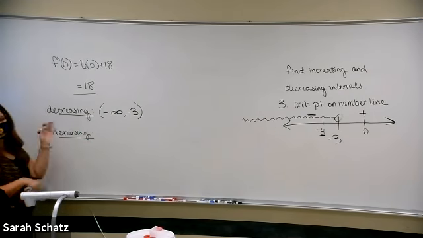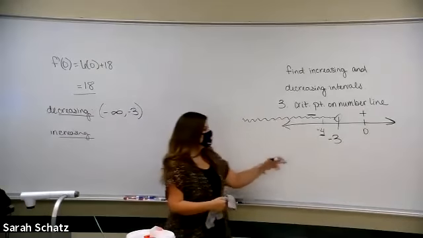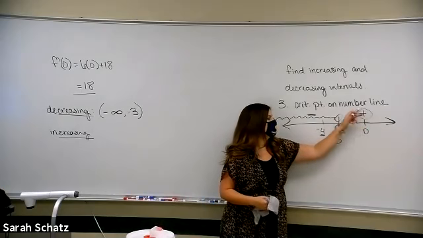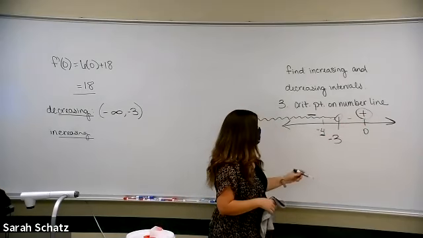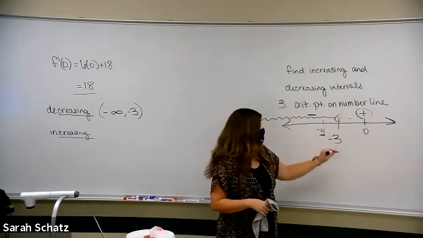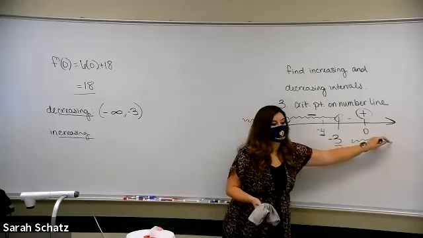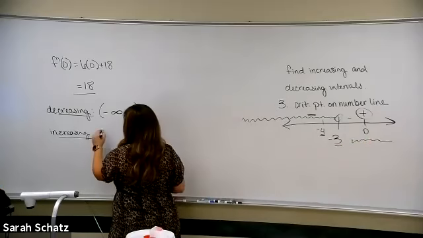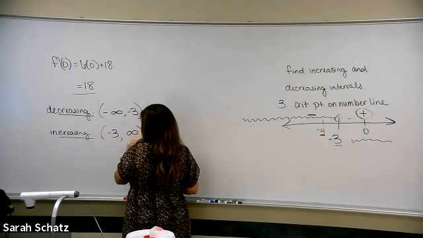All right, so we did the decreasing interval. Let's do the increasing interval. So increasing intervals are going to occur when the value you test is positive in the derivative. So it's everything else over here, right? Starting at -3 and then going on to positive infinity. So my interval would look like -3 to infinity.